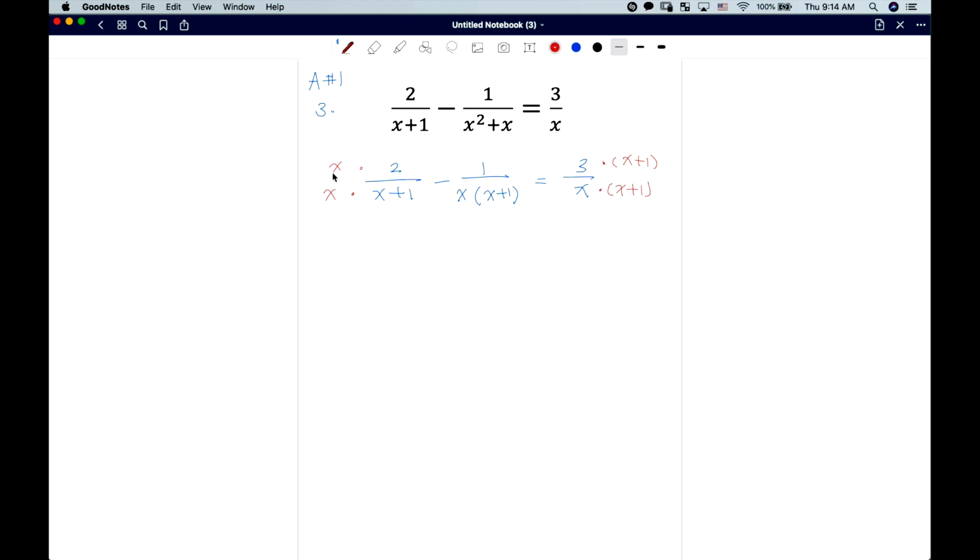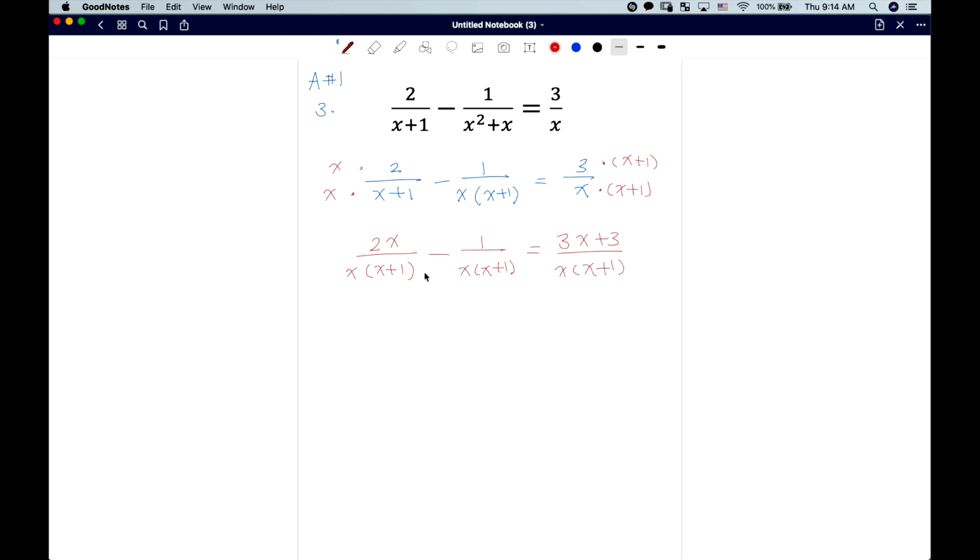Let me clean this up. X times 2 is 2x. Again, you don't have to multiply or distribute the denominator. You can. It's not really going to do anything. So I just like to leave it alone. But you can, if you want to do x squared plus x, that's perfectly fine. 3 times x plus 1 is 3x plus 3.